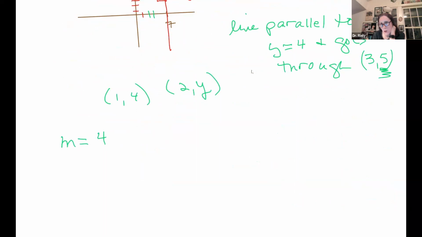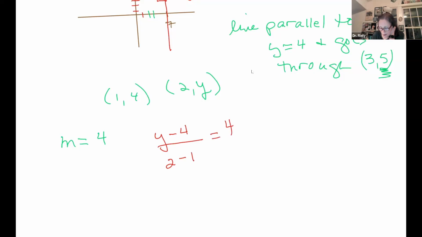Okay, so if I want my slope to be 4, and these are your coordinate pairs, what you would do is you'd say, okay, y minus 4, that's changing y, over 2 minus 1 has to equal 4.